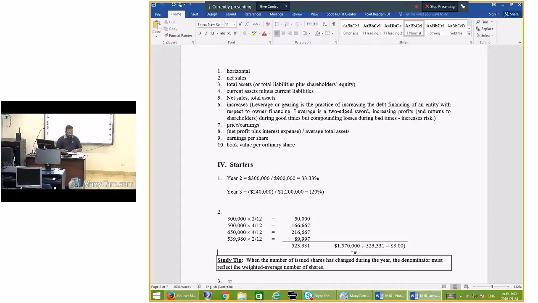Go to demonstration problem 1, in the last page, the consolidated complex company, page number 14.